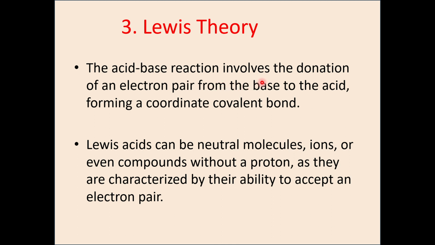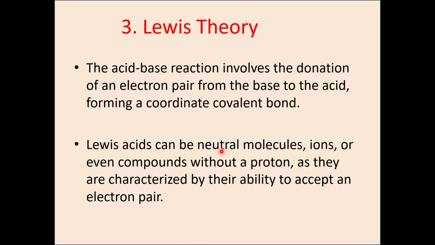The acid-base reaction involves the donation of an electron pair from the base to the acid, forming a coordinate covalent bond. So in these acid-base reactions, the acid will accept and the base will donate a pair of electrons, forming a covalent bond between them.